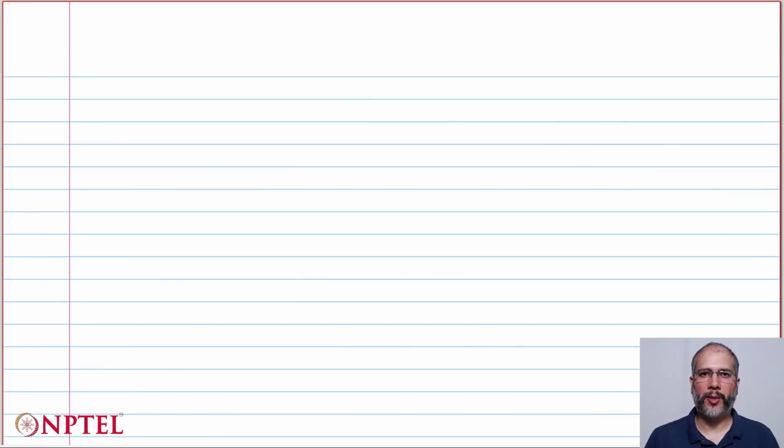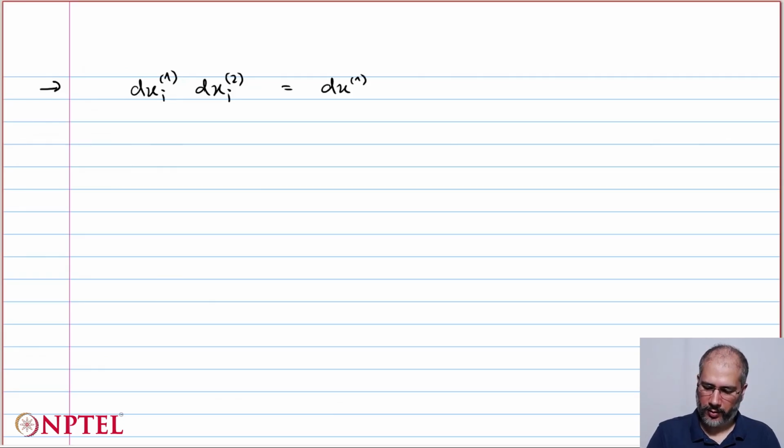Just like always, now let's talk about the change in angles. So if I have d small x1 dotted with d small x2, that's two vectors in the deformed configuration. They can be written as d small x1 magnitude, d small x2 magnitude times the cos of the angle between them.